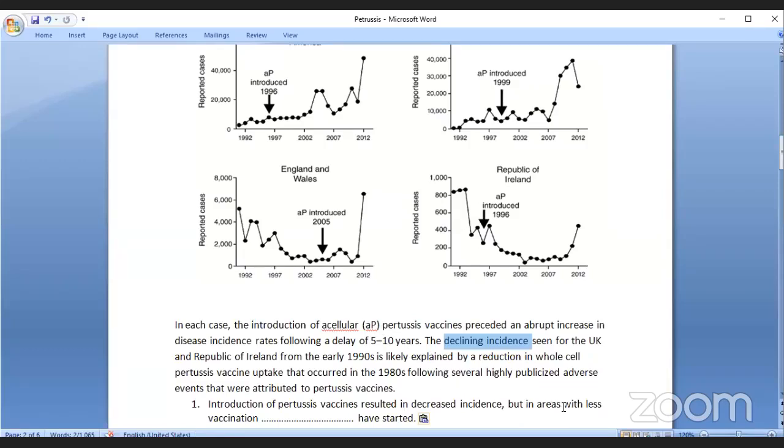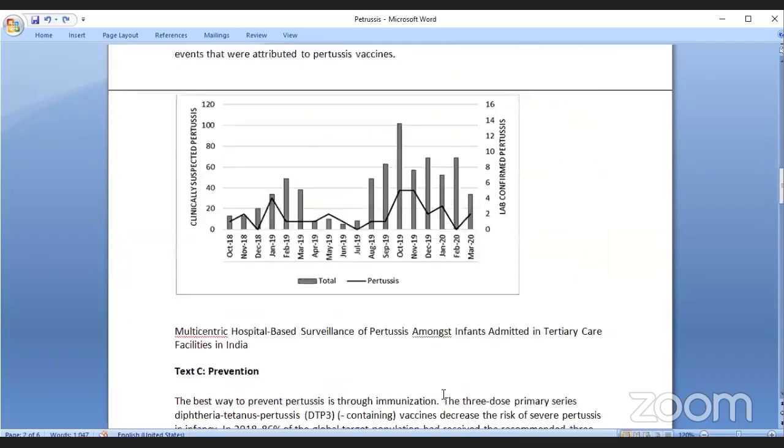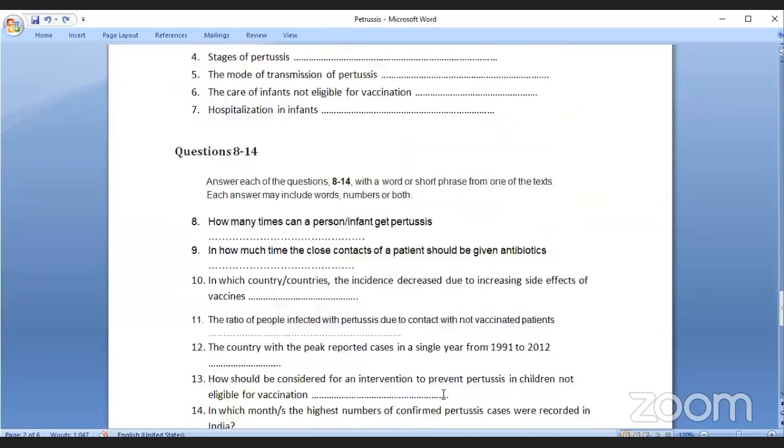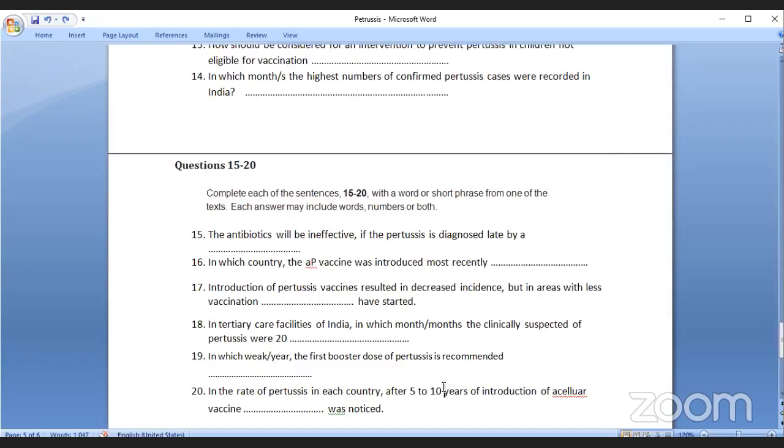But in areas with less vaccination, these are UK and Ireland, declining incidence was seen, was noticed, something like that. So adverse events does not fit. Anyway, the question needs to be fixed a little bit, but overall this was not the answer.